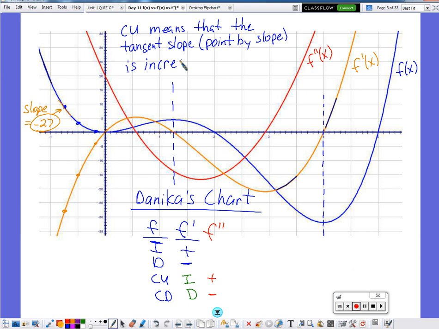That is the definition of the word concave up. Somebody got tired of saying all those other words, so they invented a word, concave up. Memorize that. Concave down is simply the opposite, so memorize that as well.